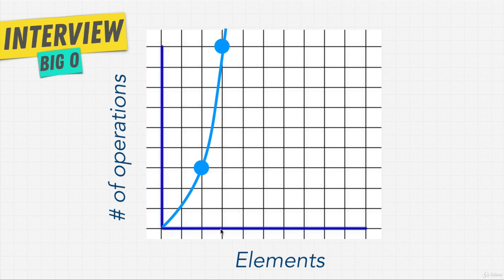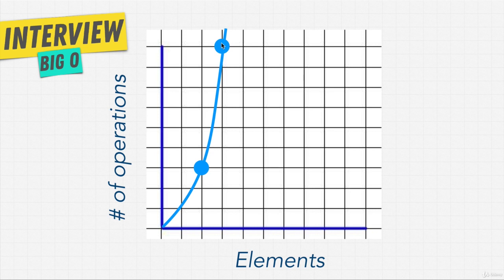If we have 3 elements, this actually increases quadratically. That means instead of 4 operations, we now have 1, 2, 3, 4, 5, 6, 7, 8, 9, because we have 3 elements to the power of 2. And you see here how the line is now bent and it increases, well, quite fast.